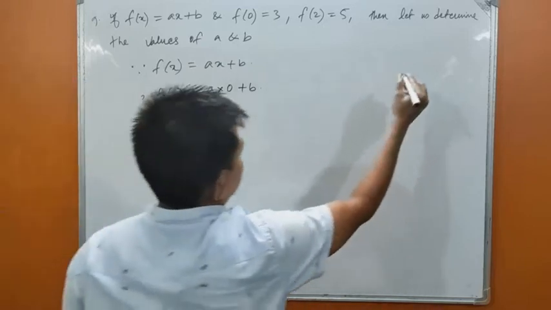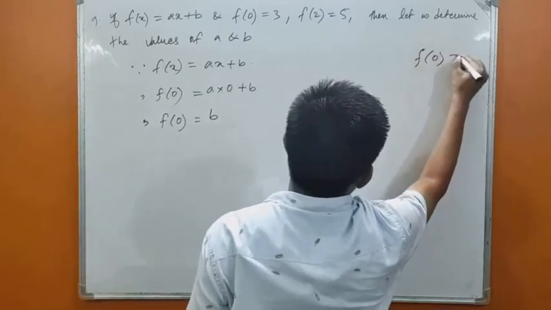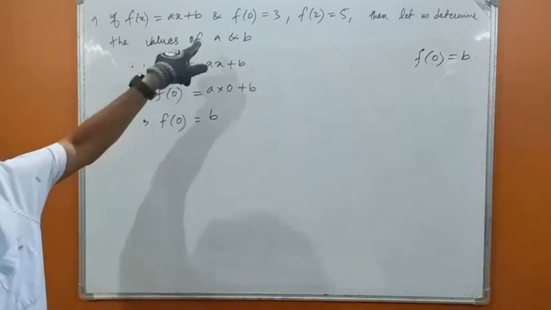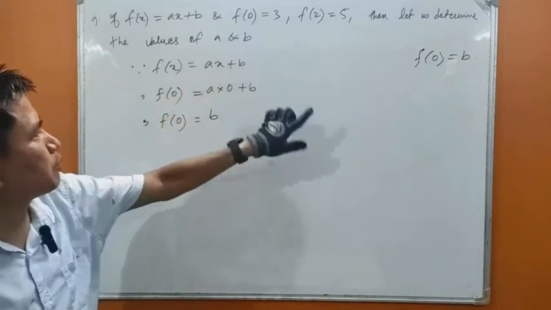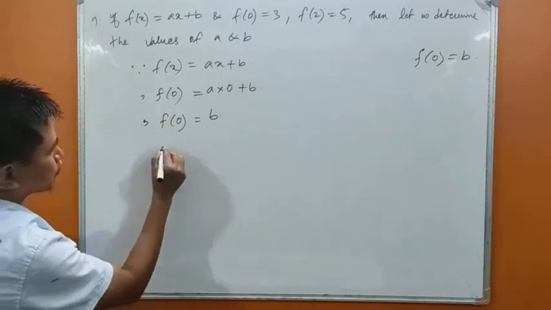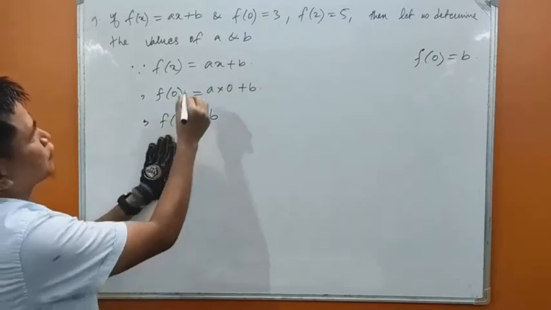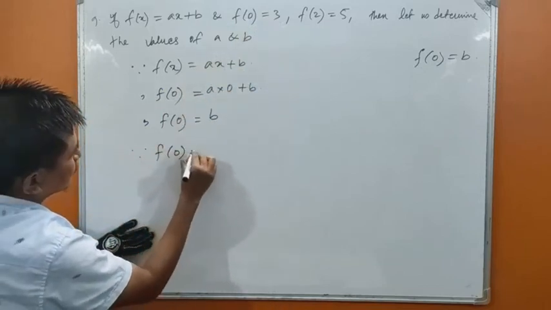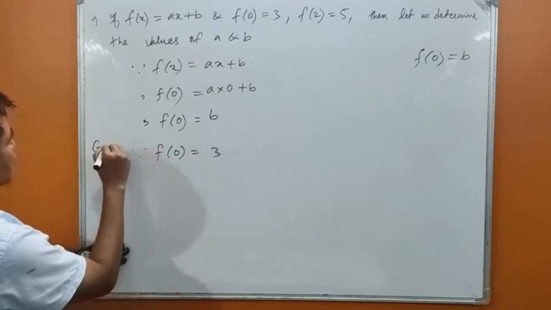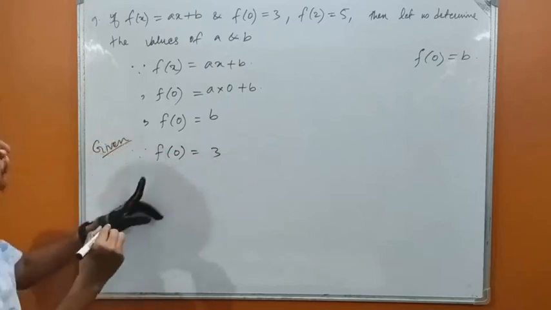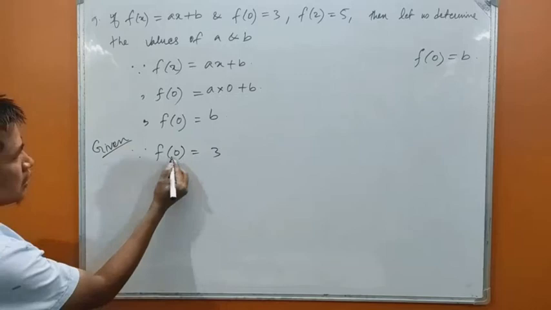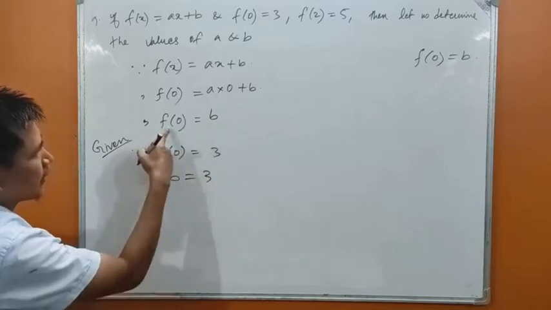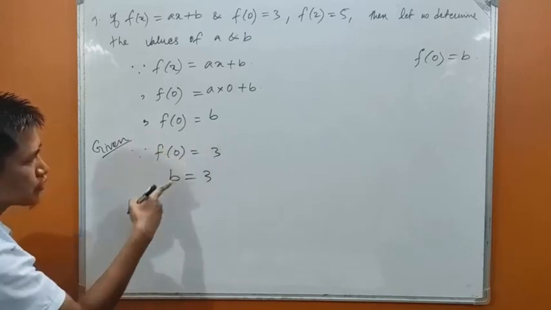We got f of 0 equals b. Now f of 0 means 3, it is given to us. So b equals 3. Since f of 0 equals 3, and f of 0 equals b, so b equals 3.